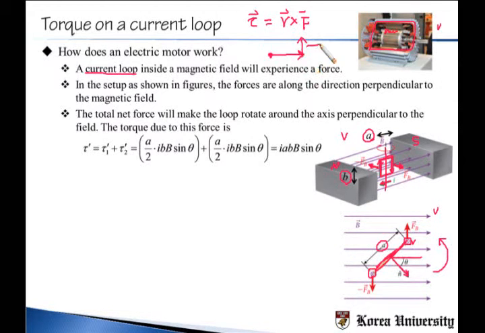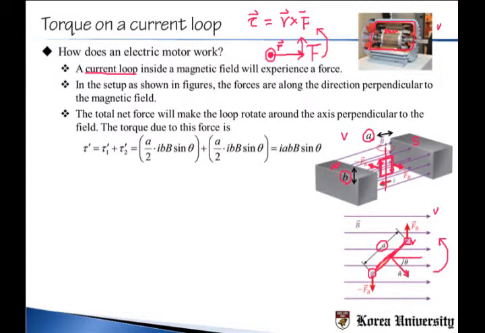So if this is a force vector, and this is the R vector, then it will rotate like this. In this case, the torque vector will be coming out of the screen, right? Please make sure you understand this from the spring semester.